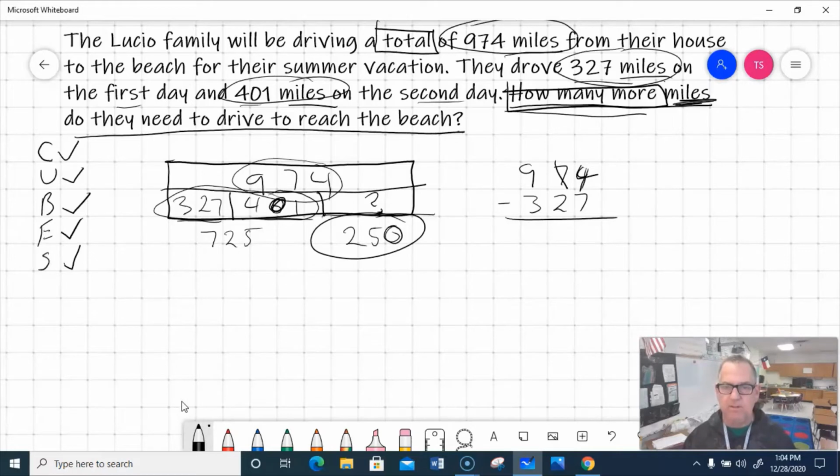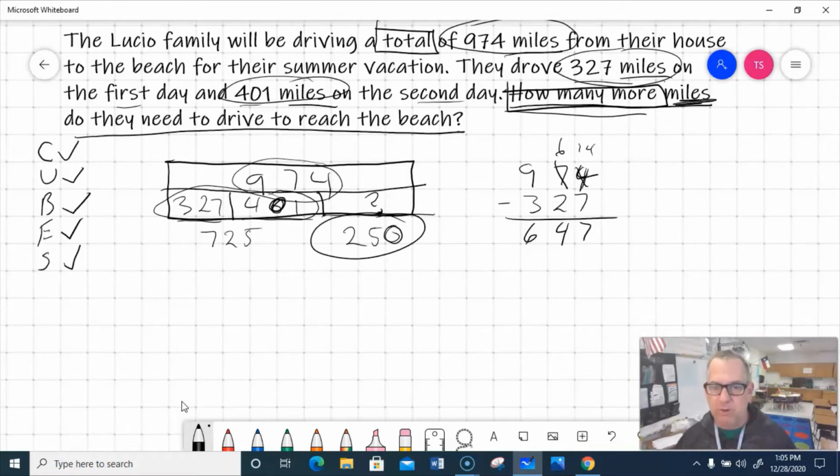I'm going to take one of my tens, which leaves 6 tens, and move 10 to the ones place, which gives me 14 ones. 7 from 14 is 7, because 7 plus 7 is 14. Then 2 from 6 is 4. And then 3 from 9, 4, 5, 6, 7, 8, 9, is 6. So after the first day of driving, they still have 647 miles to go.